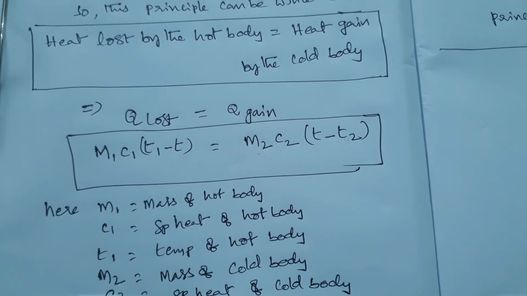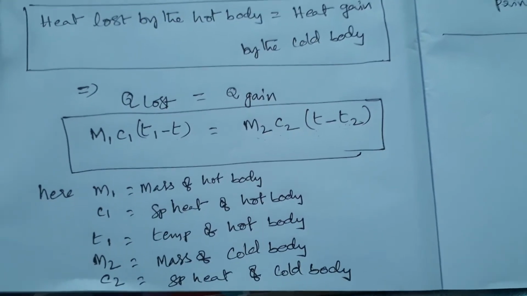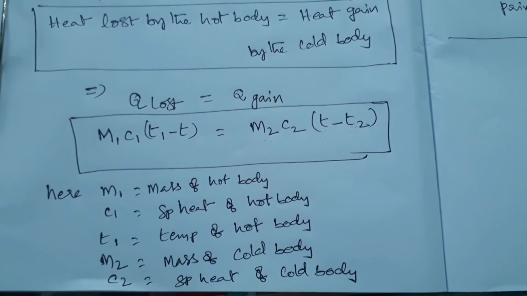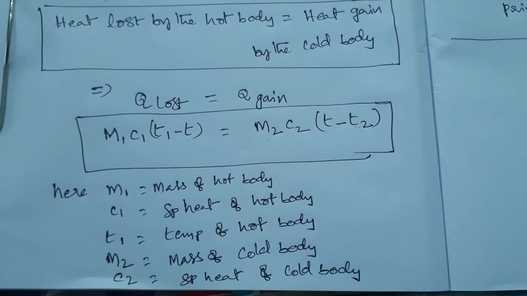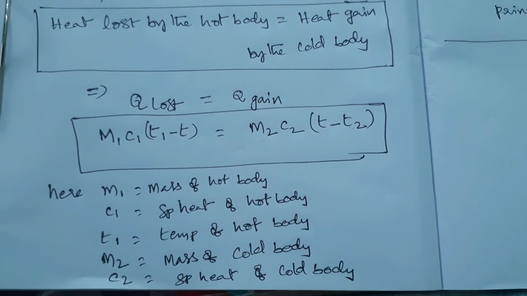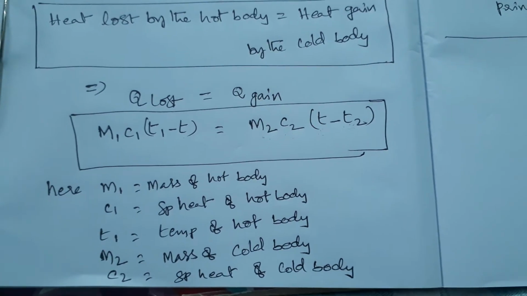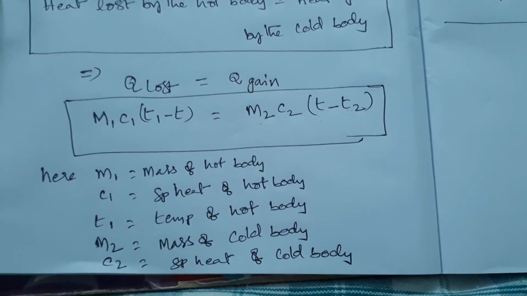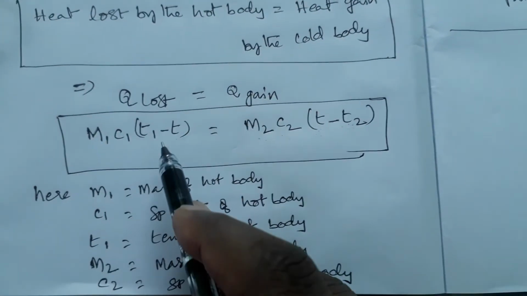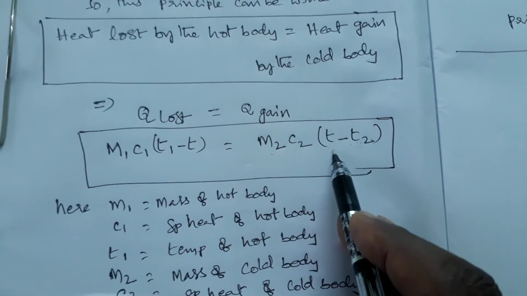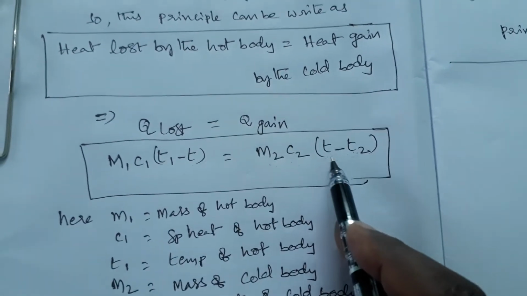So you can write the principle of mixture as Q lost by the hot body is equal to Q gained by the cold body. That is represented by m1c1 delta T equal to m2c2 delta T. Delta T means change of the temperature of the hot body, T1 minus T, and change of the temperature in the cold body, T minus T2.